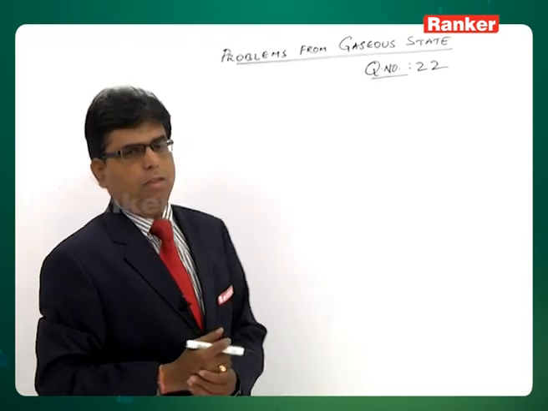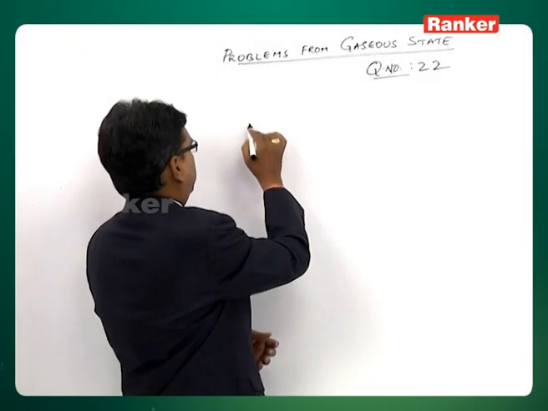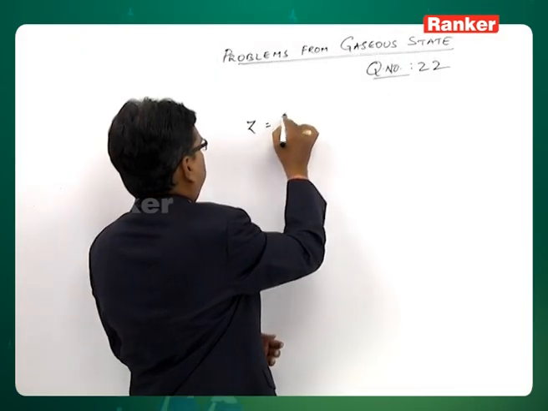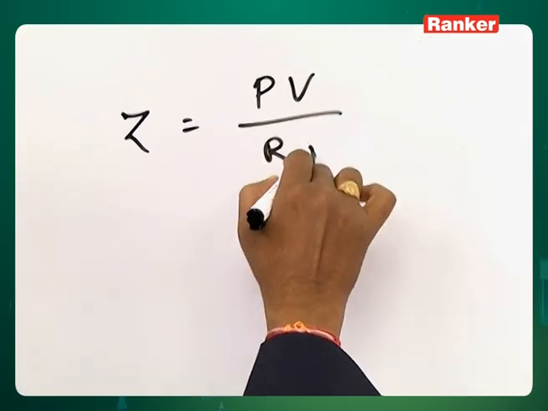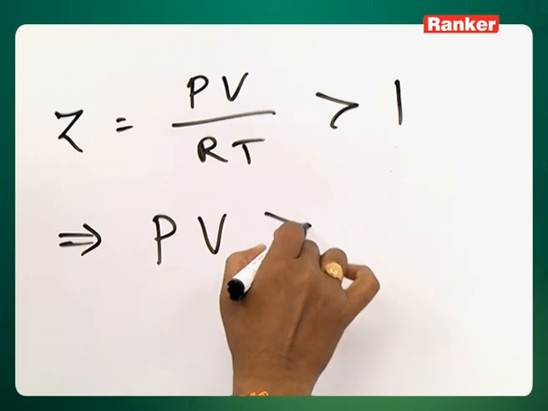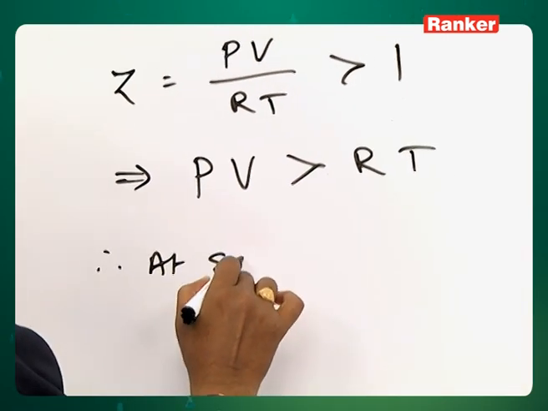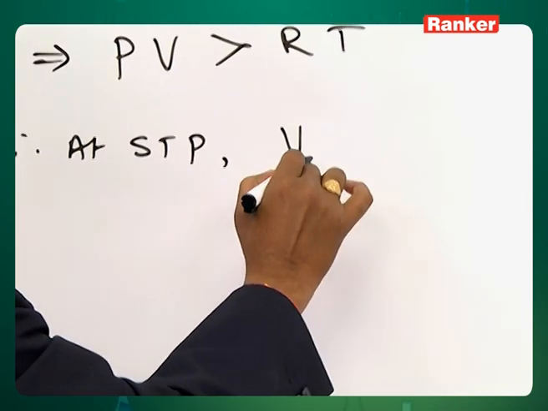Next, question number 22. This question is again on the concept of compressibility factor. The compressibility factor of a gas is more than unity, that means Z, that is PV by RT, is greater than unity, that means PV is greater than RT. Therefore, at STP, what will happen?